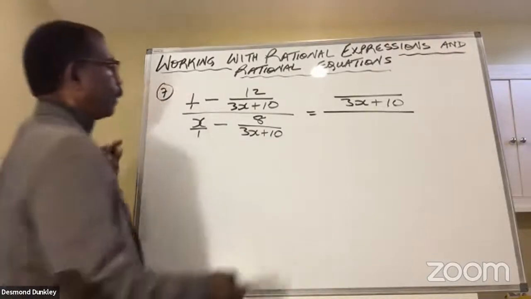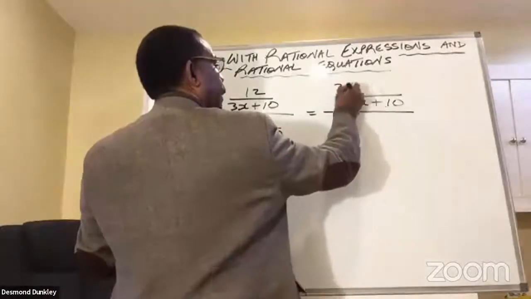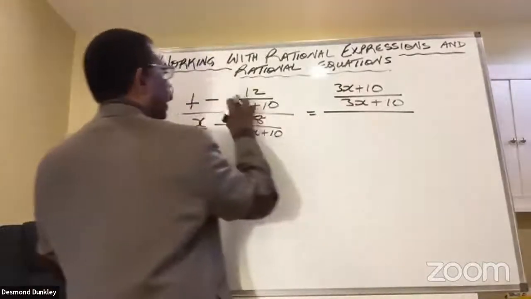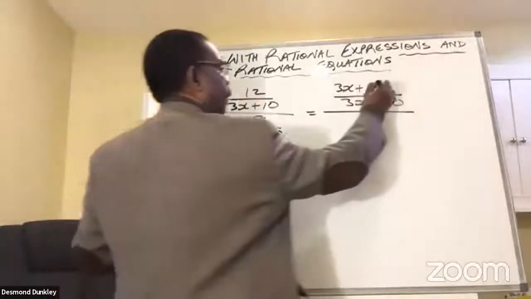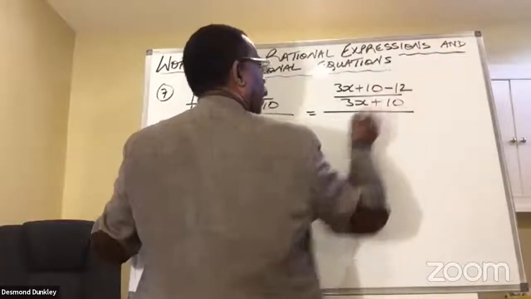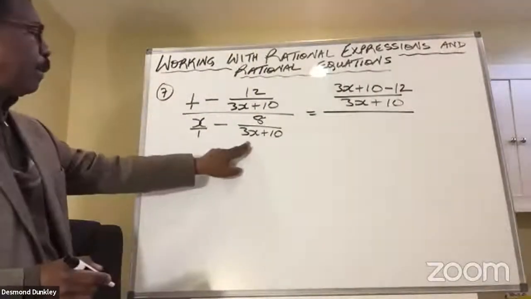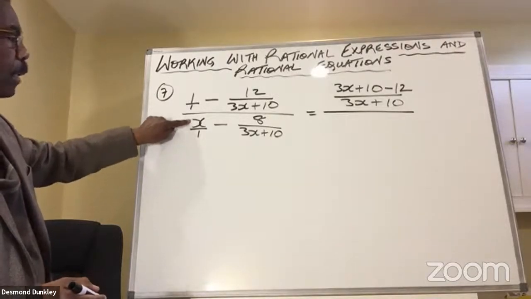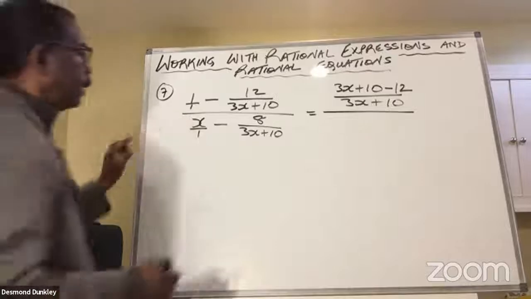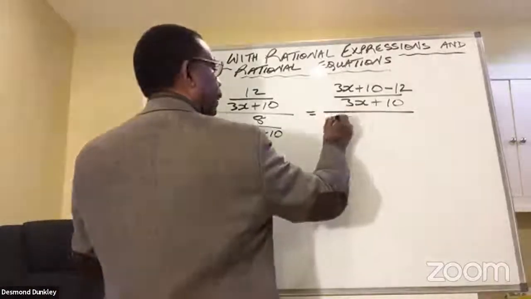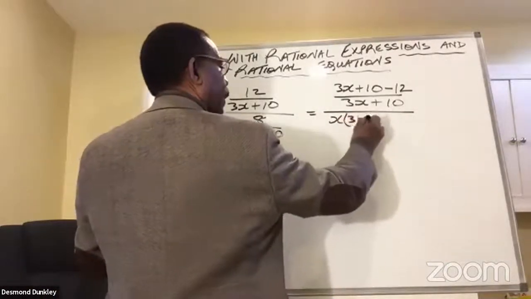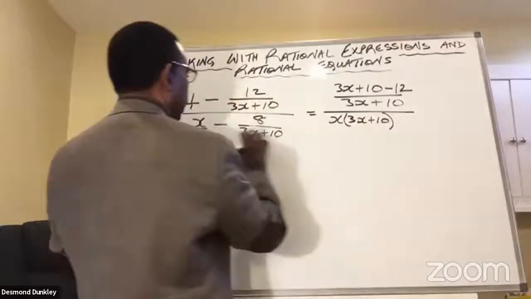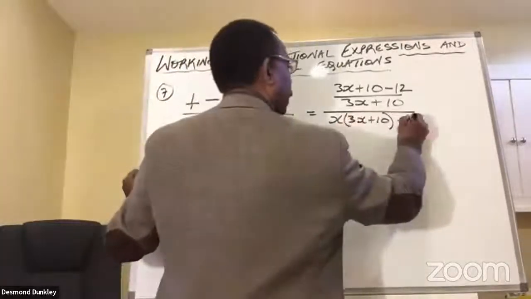So the top has to be 3x plus 10, and then we're minusing 12. And for the bottom, this is going to become 3x plus 10. So I have to multiply the top by 3x plus 10. So it's going to be x times 3x plus 10. And then it's going to be minus 8.